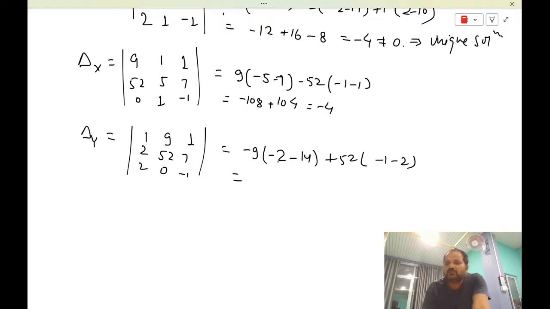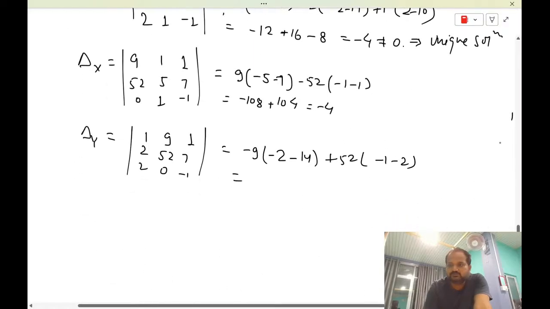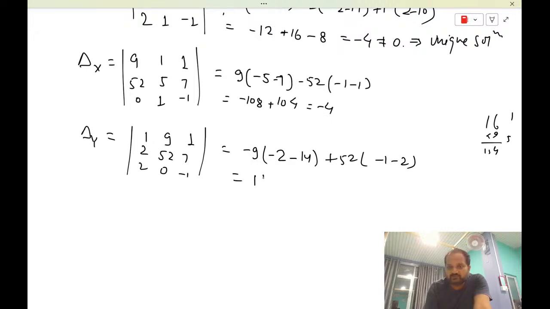This will be minus 16 into 9, how much? 16 into 9 is 144, and it will be minus 3, 52 into minus 3 is minus 156, so its value will become minus 12.